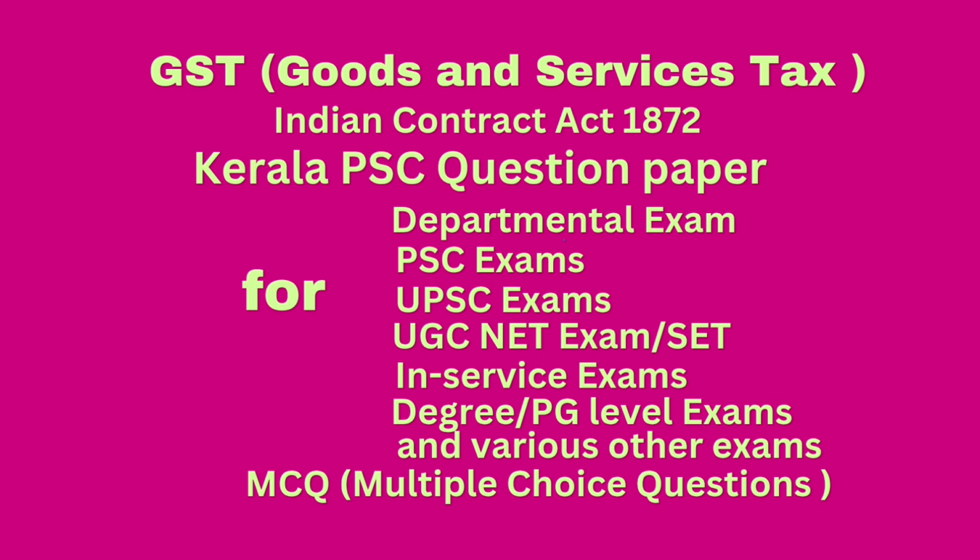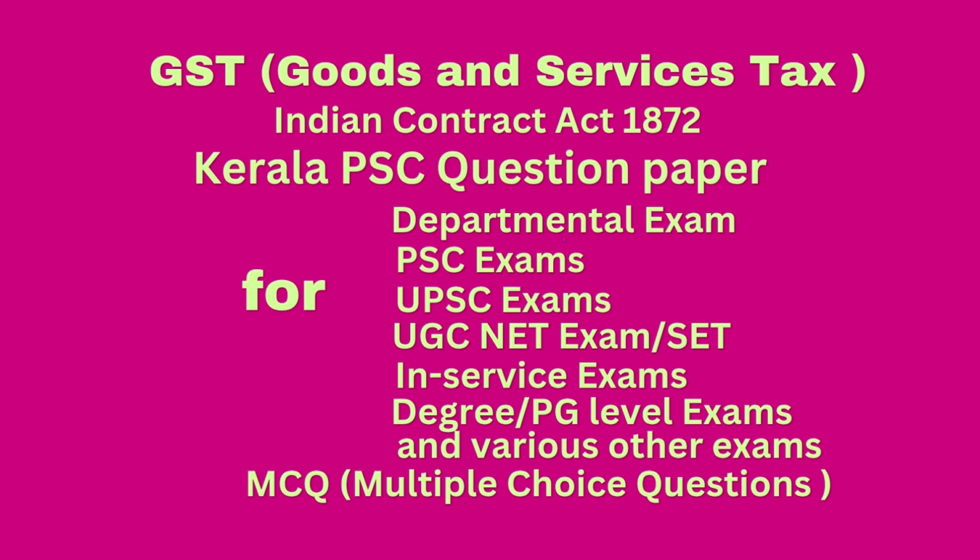Question number 15. Which of the following is true? Option A. The Commissioner may extend the time limit for furnishing the details of outward supplies by notification for valid reasons. Option B. The details of outward supplies shall include details of debit notes, credit notes, and revised invoices issued in relation to outward supplies.